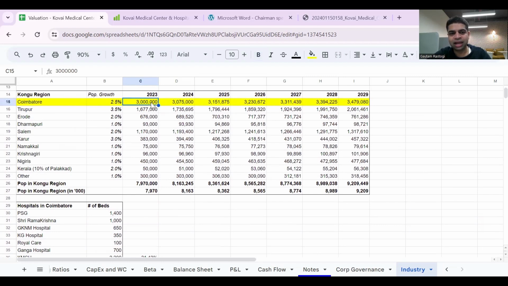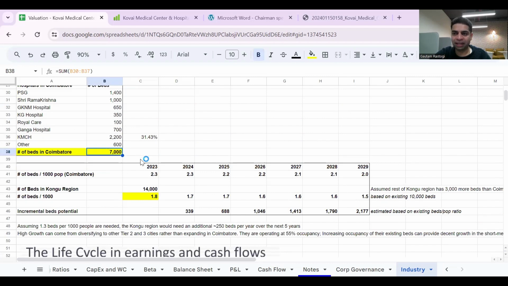See, Coimbatore has 30 lakh population. So what portion of the Kongu region is that? Coimbatore makes up around 38 or 40% of the entire Kongu region's population. And it has like 7,000 beds.